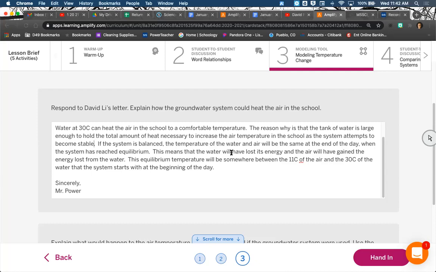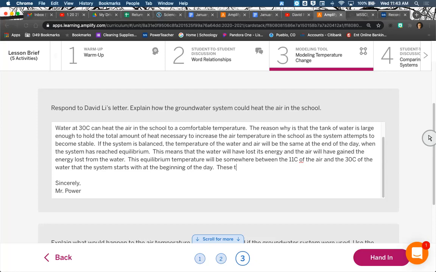This means that the water will have lost its energy and the air will have gained the energy lost from the water. This equilibrium temperature will be somewhere between the 11 degrees Celsius of the air and the 30 degrees of the water that the system starts at the beginning of the day.